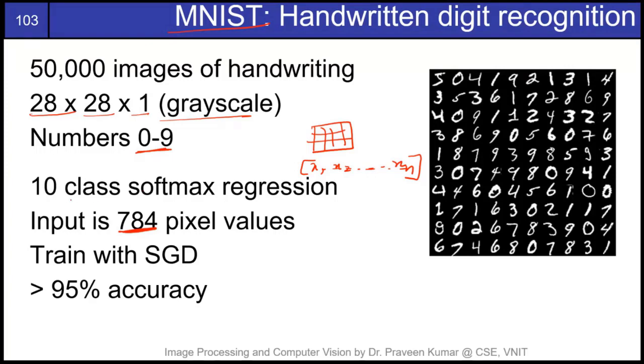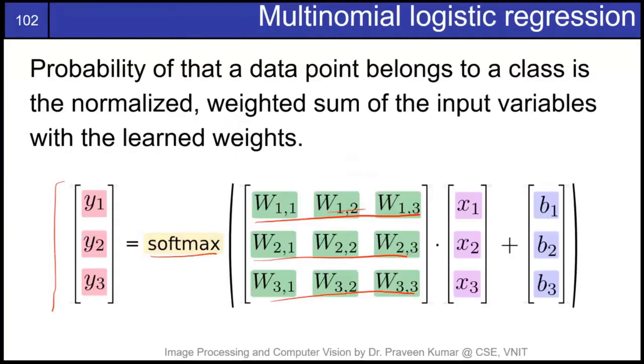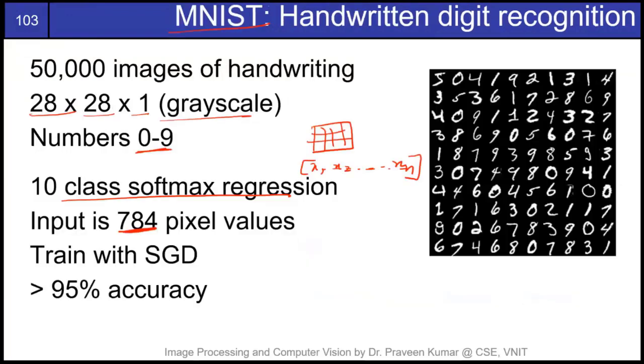If you apply this 10 class softmax regression equation and train it using gradient descent and the maximum likelihood function, you will easily get an accuracy of 95% for this problem, which is reasonably okay, because probably this is a very simple data set.